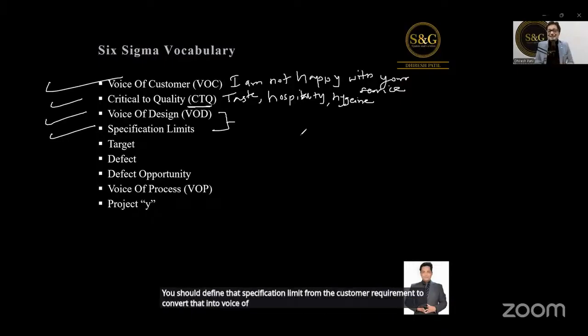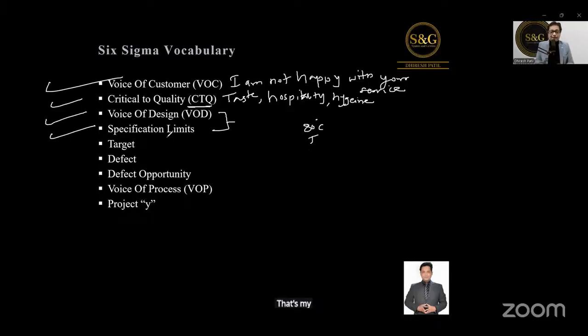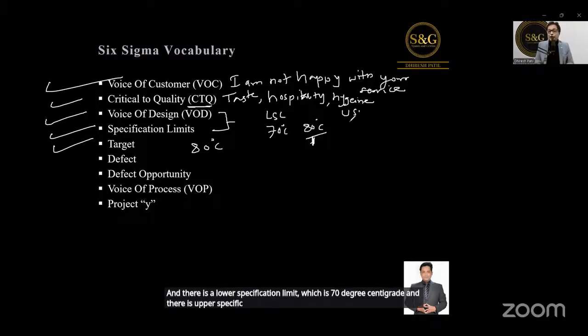For example, let's say my target is 80 degrees centigrade. That's my target, so T for target. And there is a lower specification limit, which is 70 degrees centigrade, and there is an upper specification limit, which is 90 degrees centigrade.